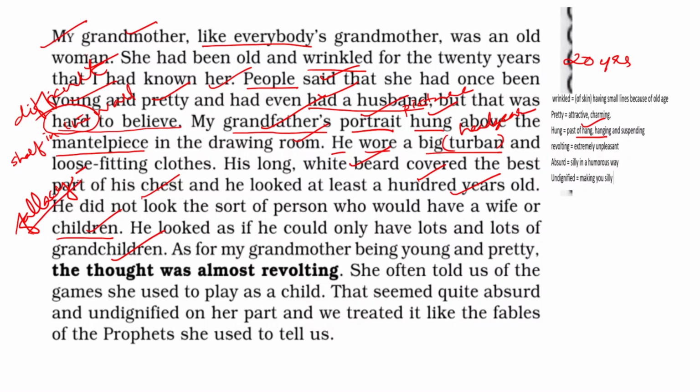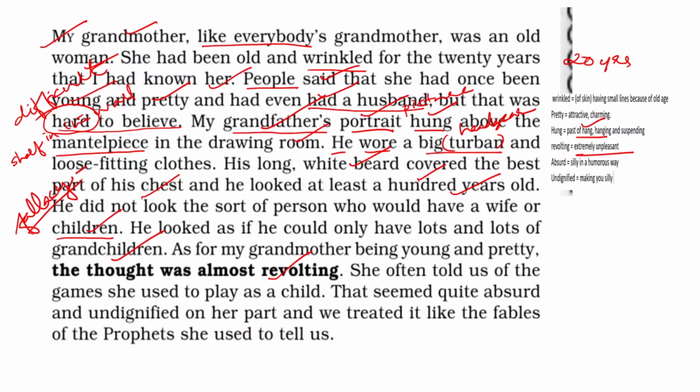As for my grandmother, being young and pretty, the thought was almost revolting. Revolting means extremely unpleasant. But this fallacy of thought was almost revolting when we consider the grandmother being young and pretty.